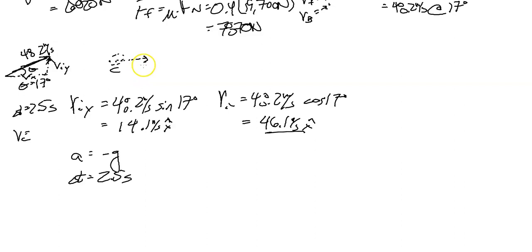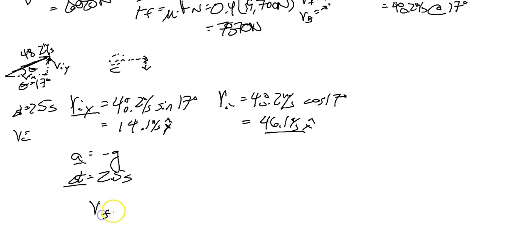Now a quick trick, by the way, to know whether it's going up or down is to take this number here, this is how fast it's supposed to be going in the y, and divide by 9.8, or roughly 10. In other words, that's going to tell me that it's going to take about 1.41 seconds to get to the top. So I'm pretty sure it's going to be going down over here. Now, if you didn't know that, no big deal. You can solve for this pretty easily because we know 3 variables in the y-axis.